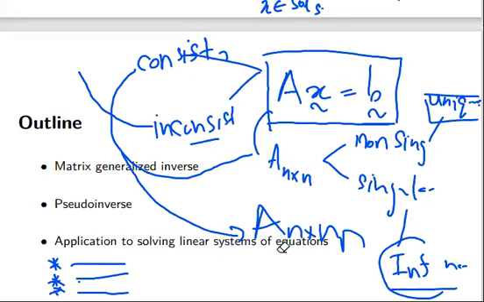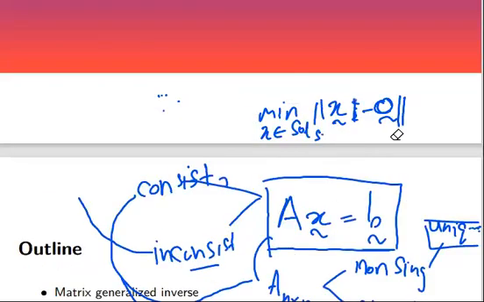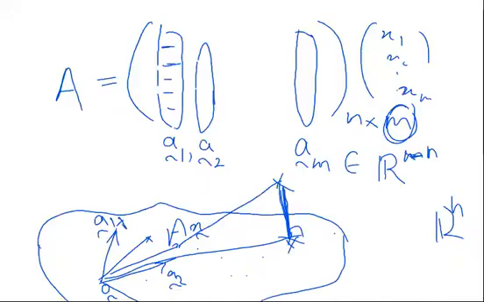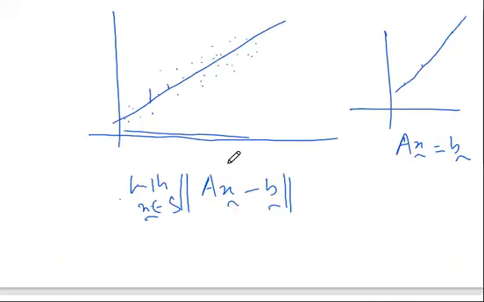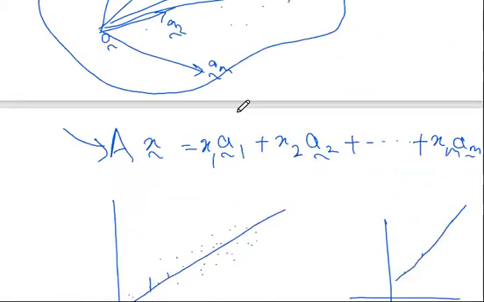We can find solutions when b is inside the column space of A. If b is not in the column space of A, we cannot find a solution. There are no solutions to the system, but we can talk about this least square method.